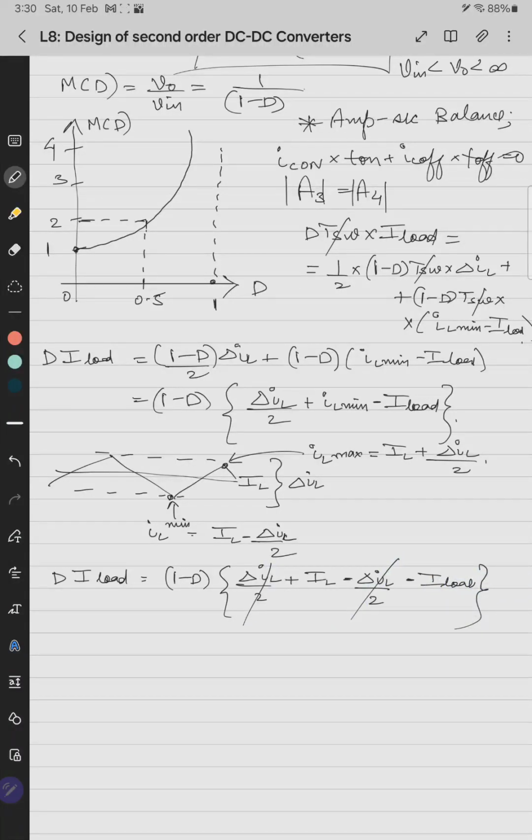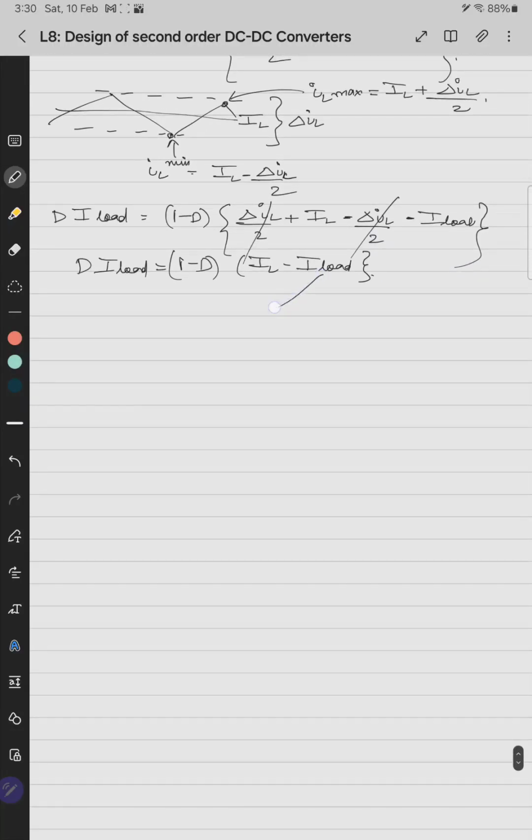This will get cancelled and we'll get 1 minus capital D into capital IL minus I load equals D into I load. If we send the I load term here and take I load common, it will be capital D plus 1 minus D equals to what? 1 minus D into IL.